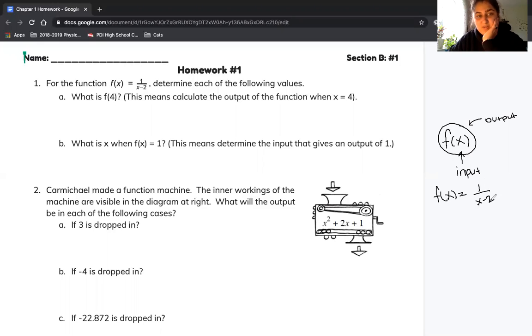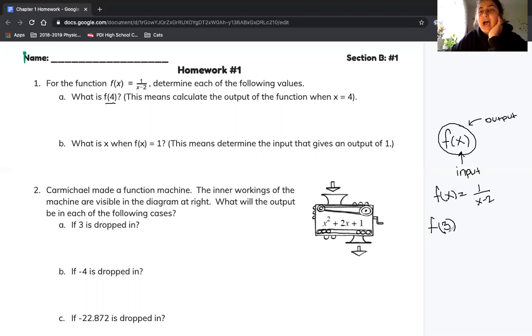And when we evaluate it at, let's say, 3, because this first question asks for 4, so I don't want to give you the answer, but I want to show you how it's done if you have questions. So let's say I'm evaluating it at 3. I plug 3 in. And again, this isn't saying f times 3.